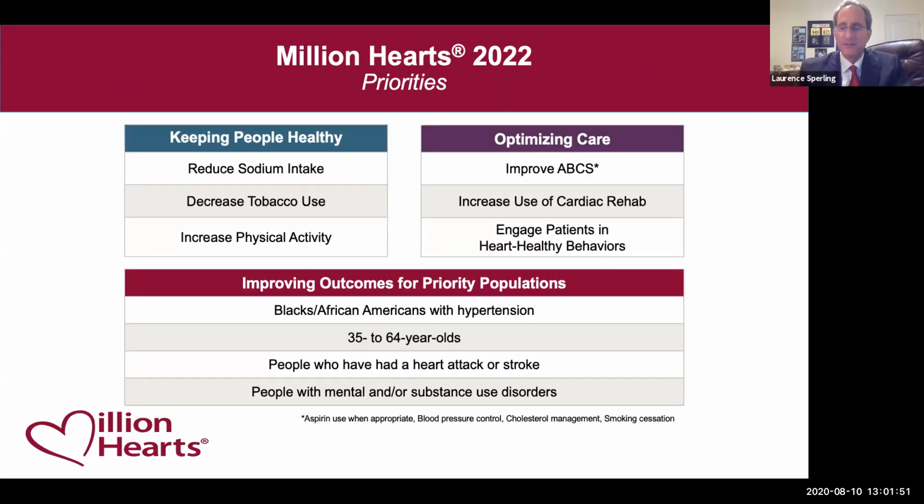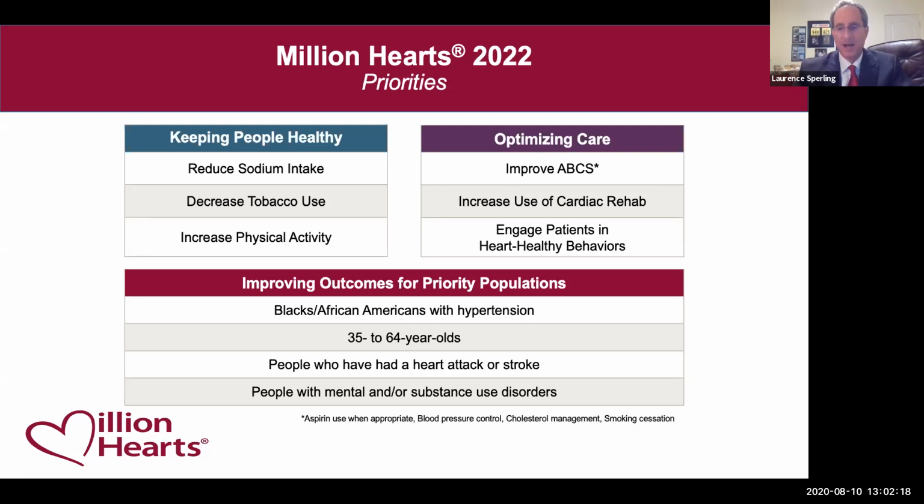So we know through environmental approaches at a population level, reducing sodium intake, tobacco use, increasing physical activity, and then optimizing care, improving those ABCSs, as has been done very well through the Right Care Initiative in California, increased use of cardiac rehab, and improving outcomes for priority populations.